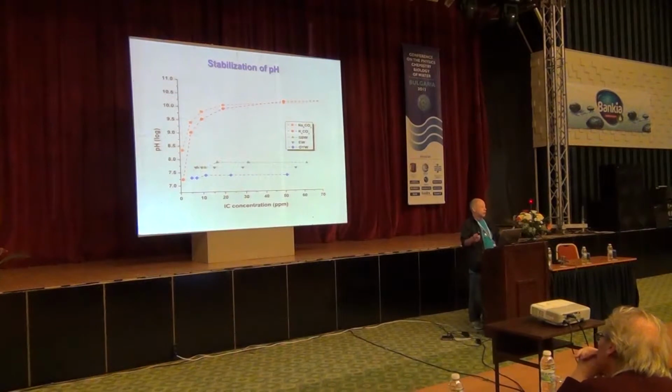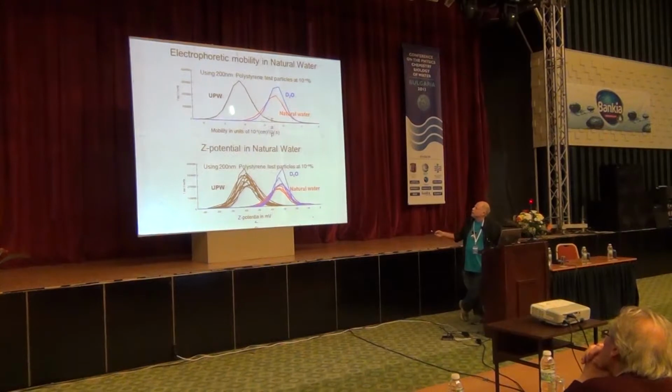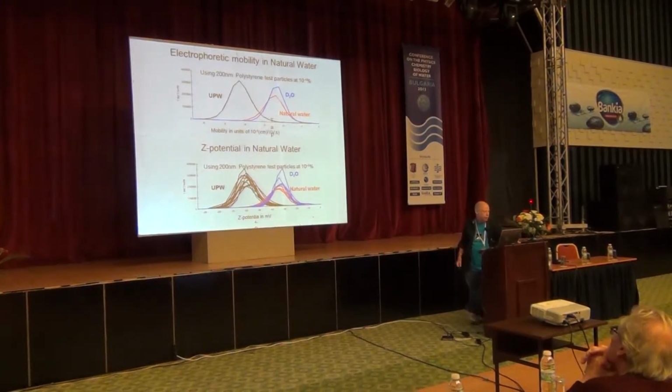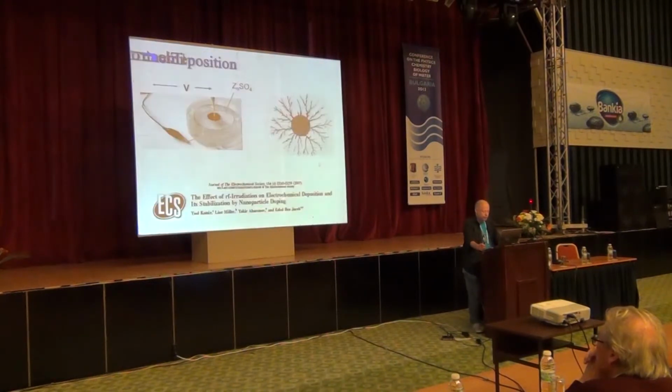And we know that for bacteria in our body, around 7.5 is the working point of life, of pH. You can see electrophoretic motility, zeta potential, and you see that natural water and still water have a very different thing, which shows you that the chemical reactions will be very different.